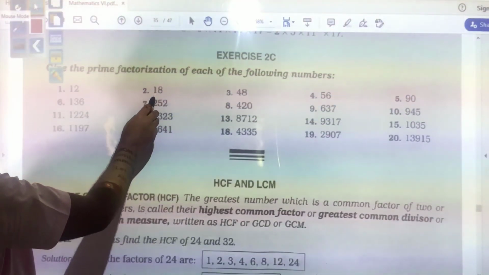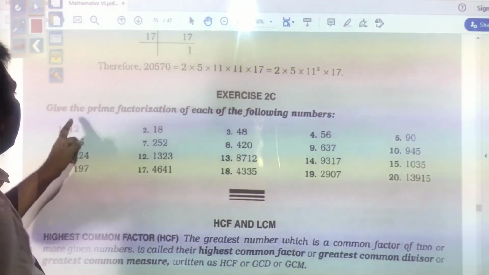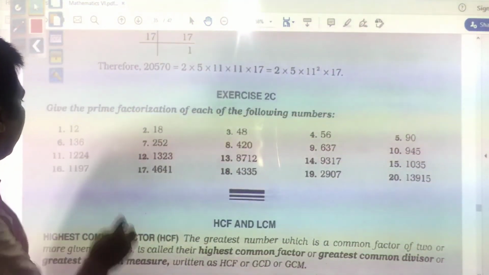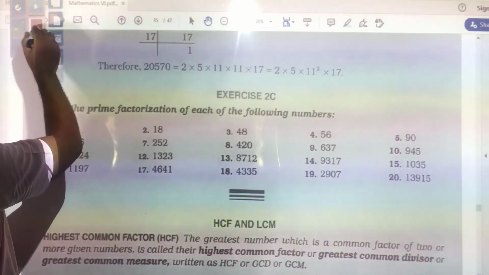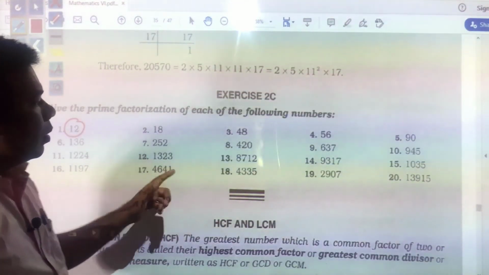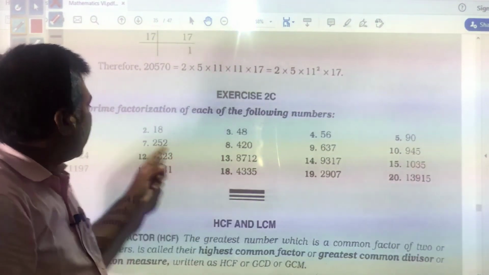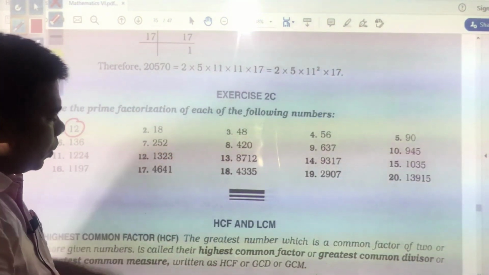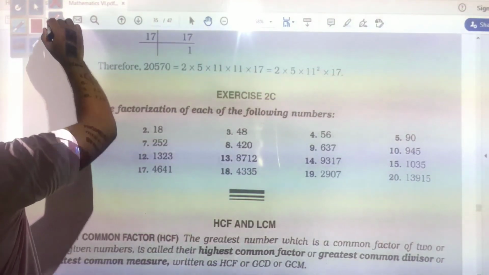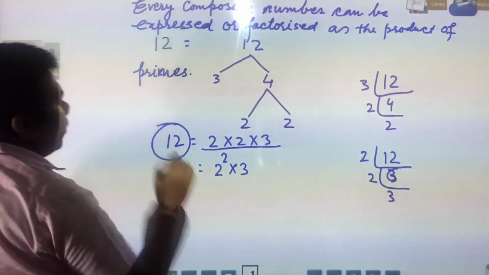Here very simple questions have been given. Give the prime factorization of each of the following numbers. Suppose you have 12. You need to factorize this 12 by the division method using prime numbers. One example I am telling you, the rest of the questions you will do yourself. This number is required to be expressed as primes.